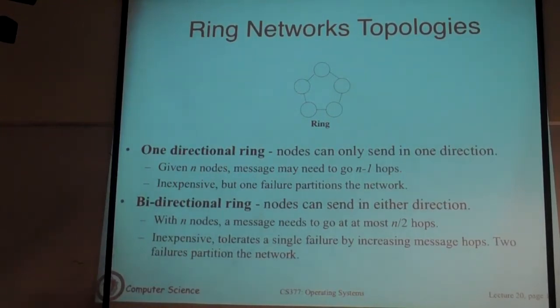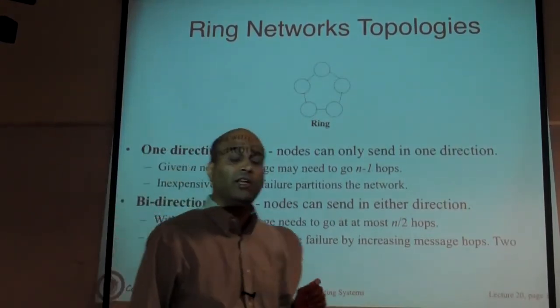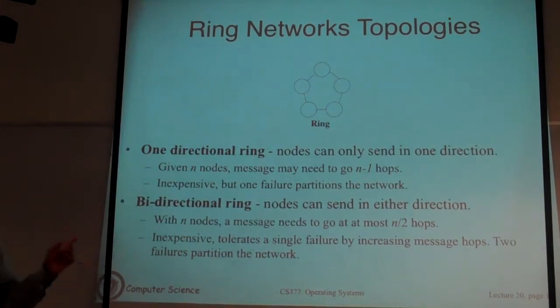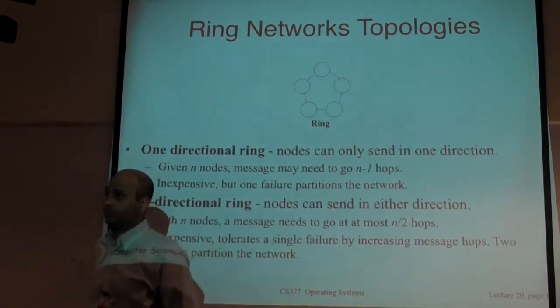Nevertheless, it is interesting to study. Here, as the name suggests, all the machines in the network are organized in the form of a ring. Any node can communicate with any other node by just sending a message to its neighbor, which forwards it to its neighbor, and so on, and the message traverses the ring until it reaches the destination.